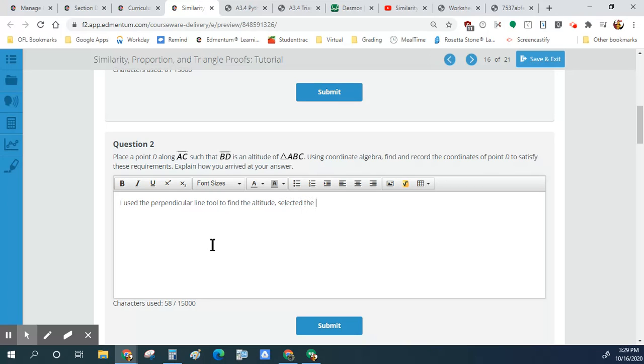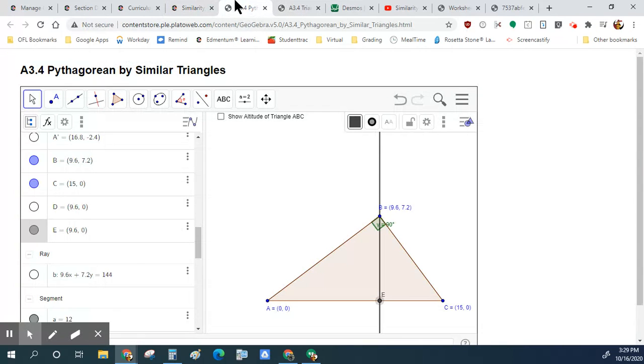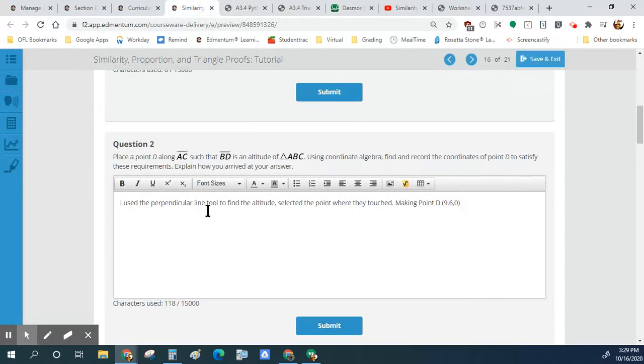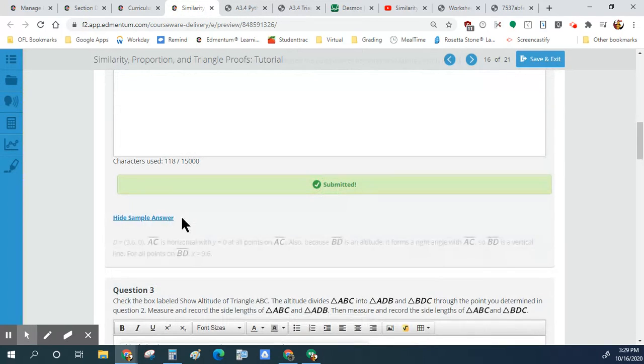Selected the point where they touched, making point D 9.6 comma 0. You can submit that, and they're saying like, oh, it's horizontal.